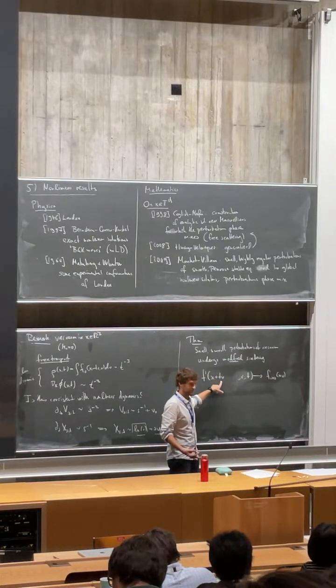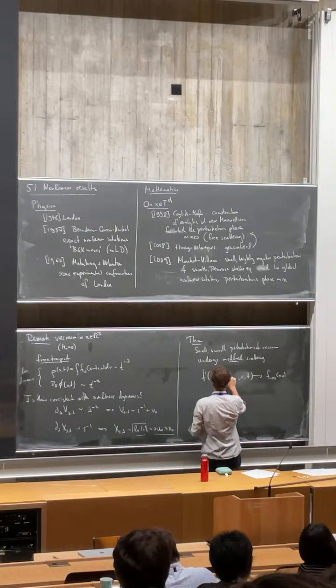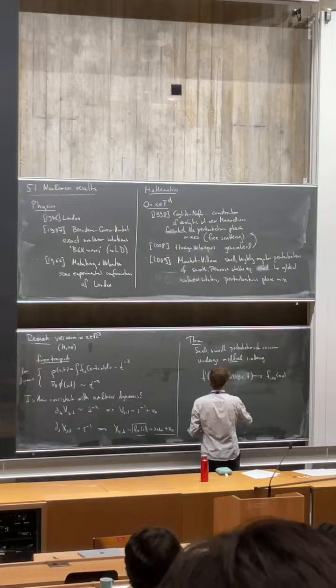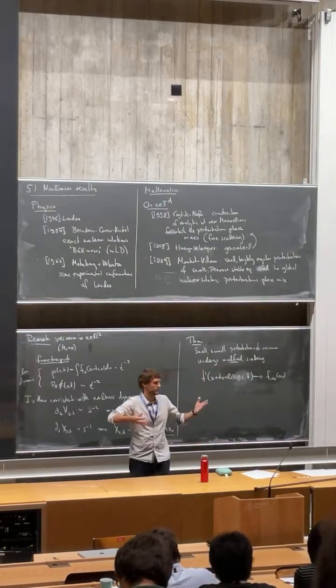It gets modified. There's a log term, and there's some object which depends on the velocity. It's the asymptotic electric field.